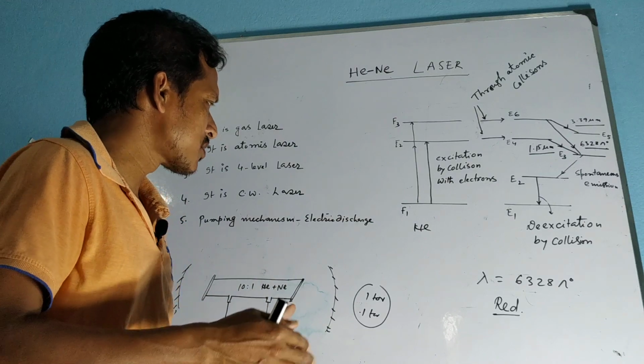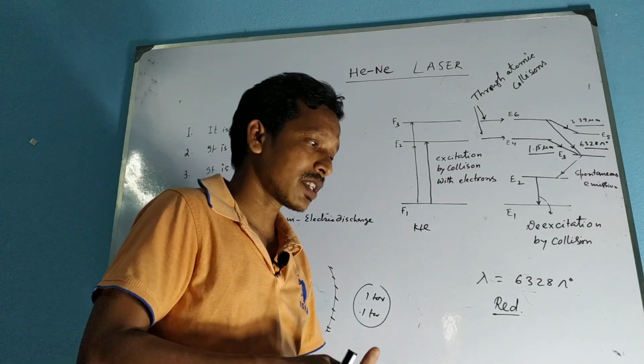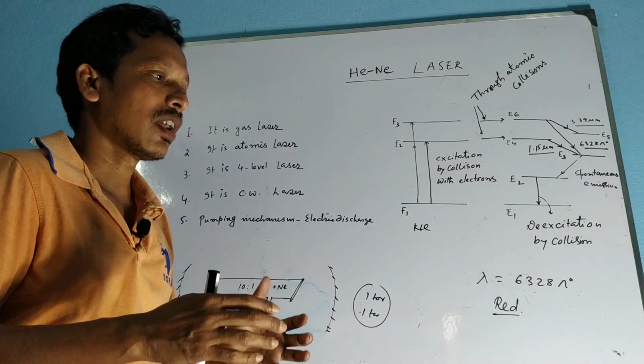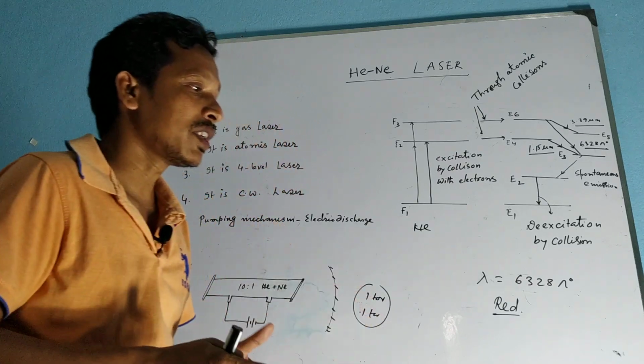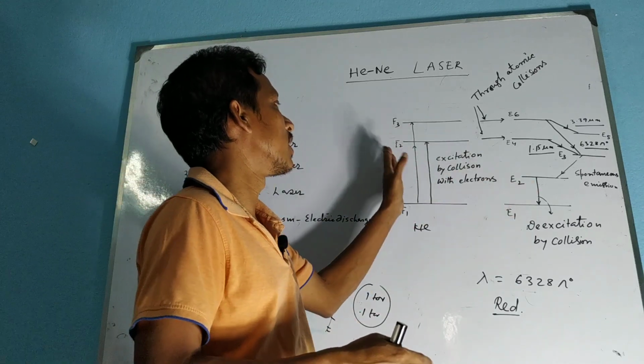Neon atoms are also excited to their metastable states by direct collision, but since the mass of the neon atom is higher than the helium atom, the probability of excitation of the neon atom is smaller than that of the helium atom.